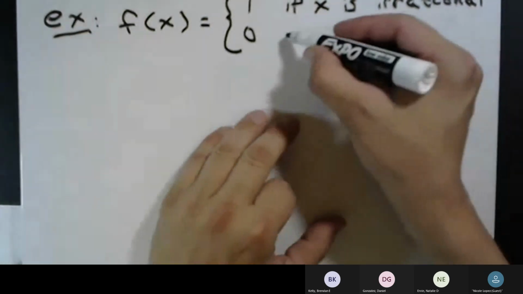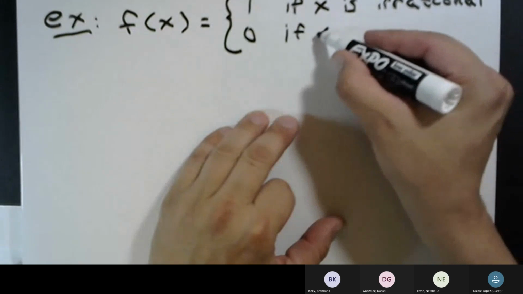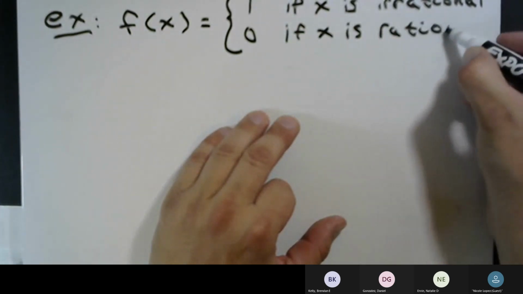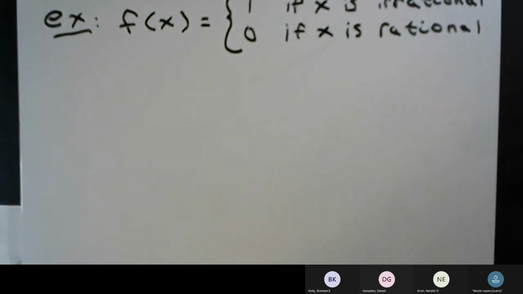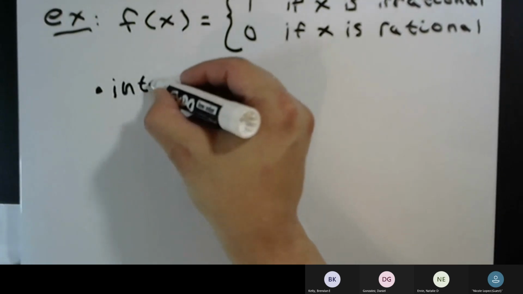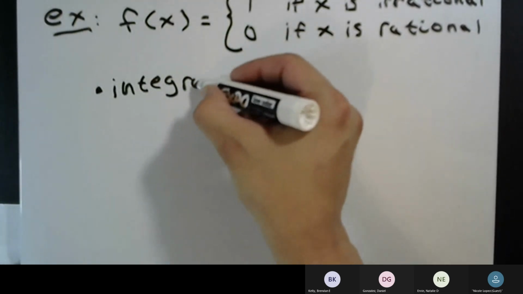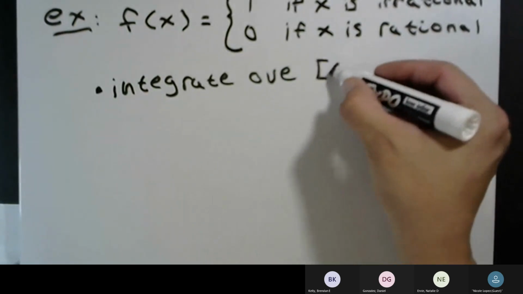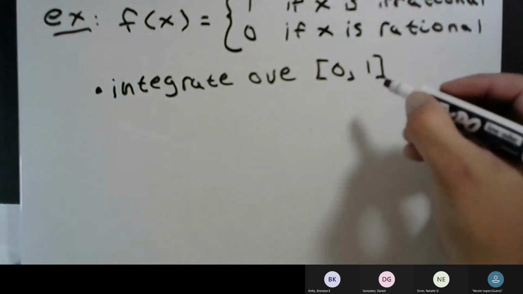And it's going to be 0 if x is rational. And so the idea is that you'll integrate this over 0, 1.